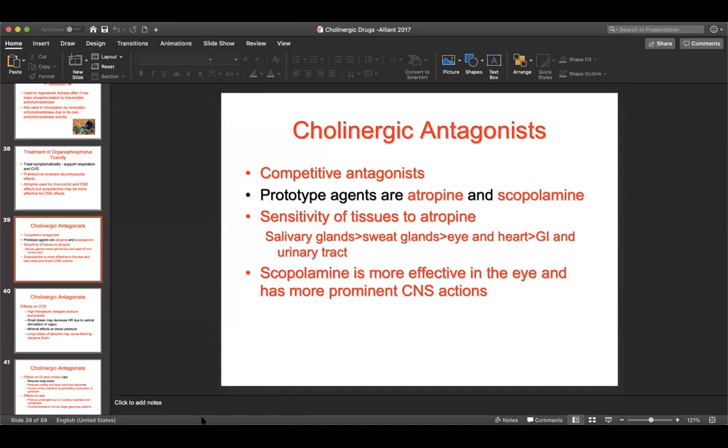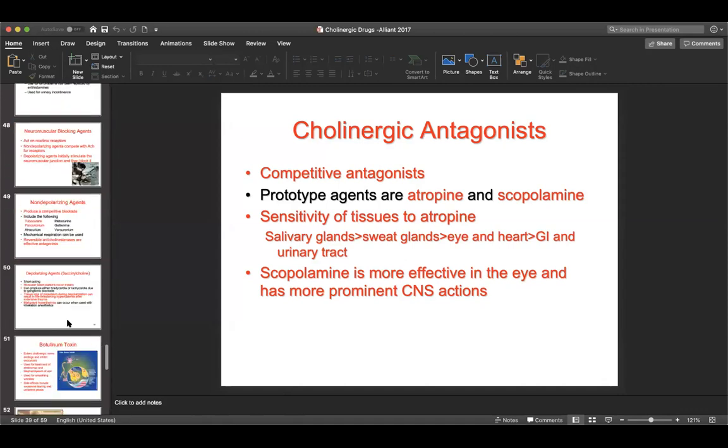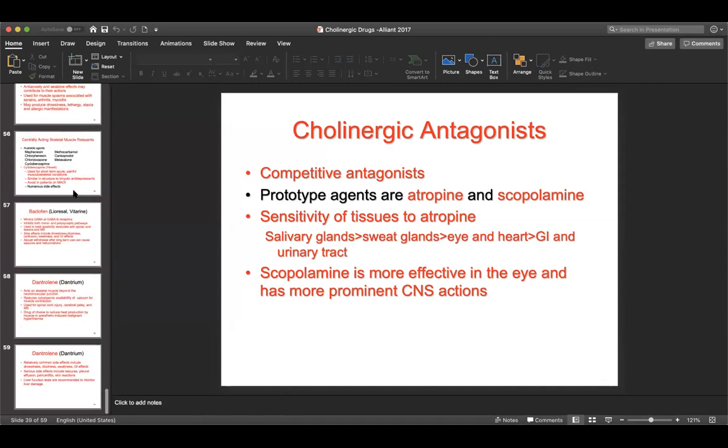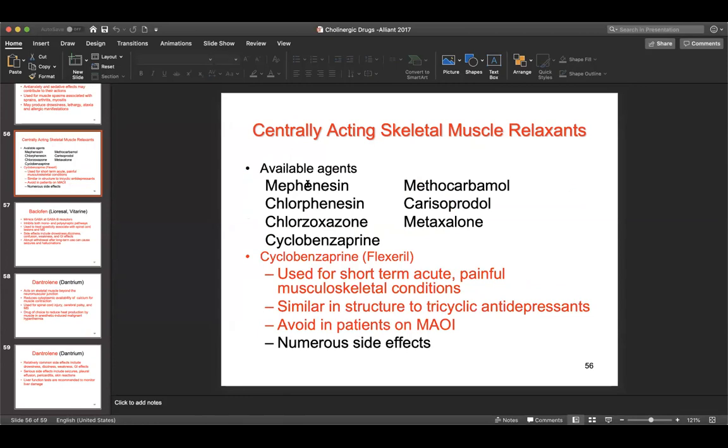It's actually one that I mentioned earlier. It actually is metaxalone. It's basically another CNS depressant. We call it a centrally acting muscle relaxant.